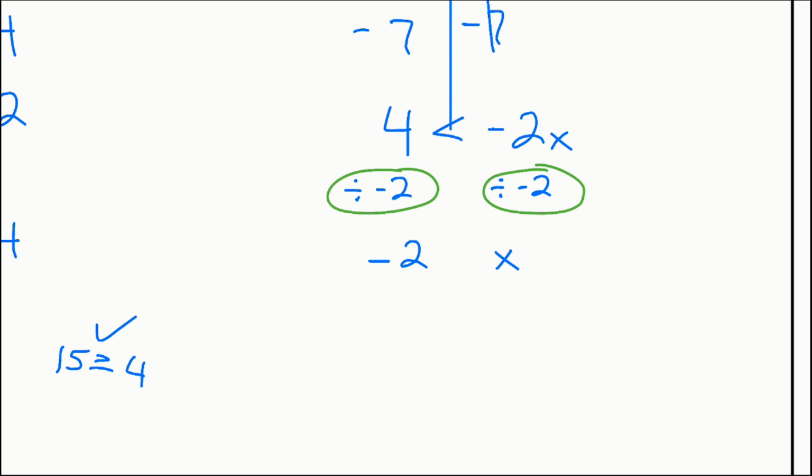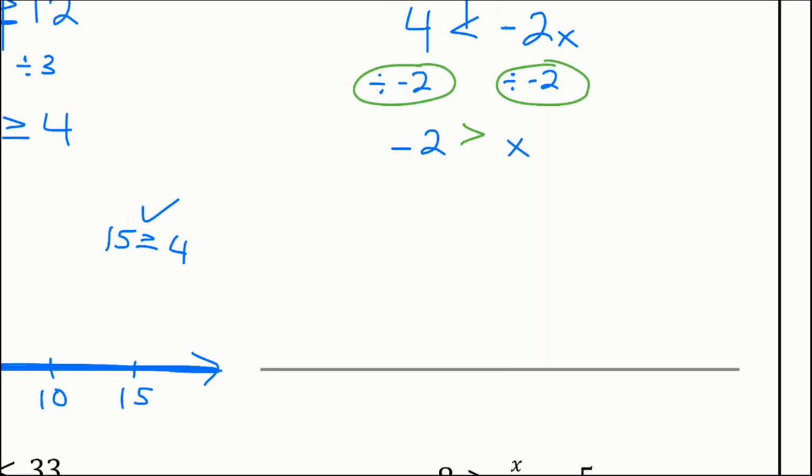So instead of reading less than, it would read greater than. All right? So set up your number line: negative 2, 0, 5, negative 5, negative 10. And then substitute numbers in.